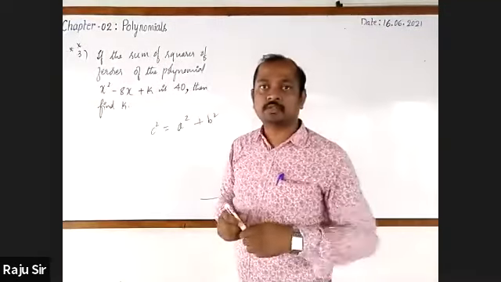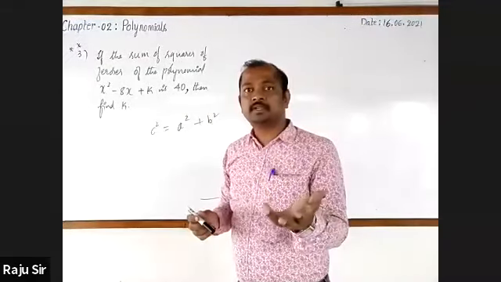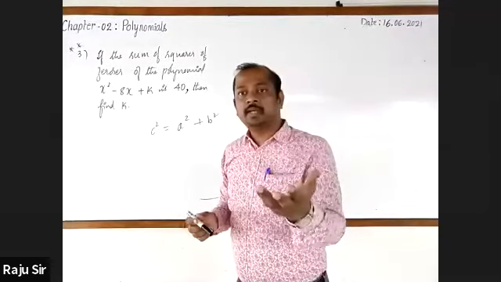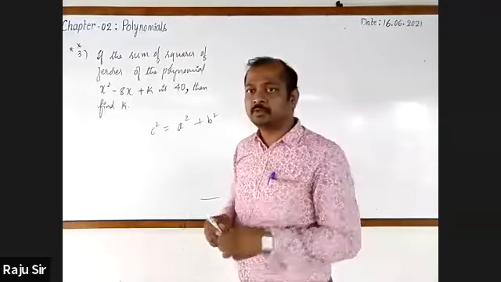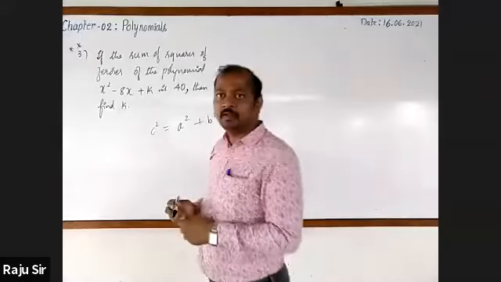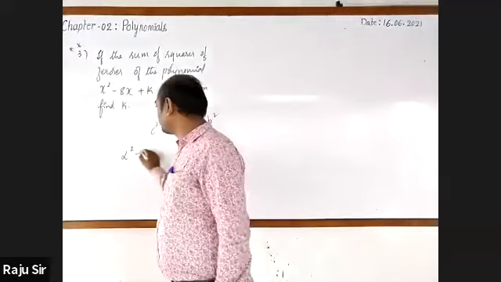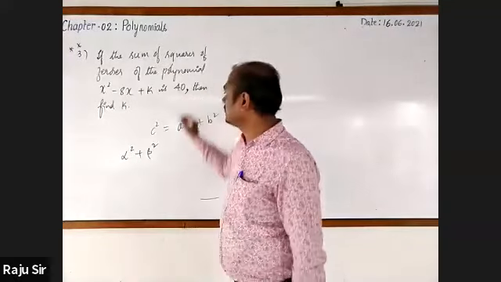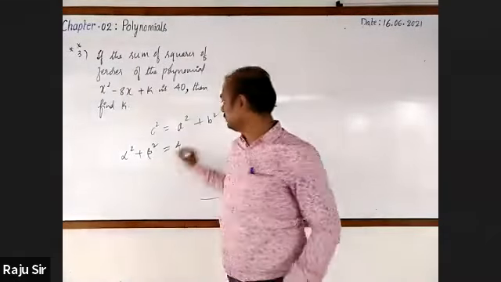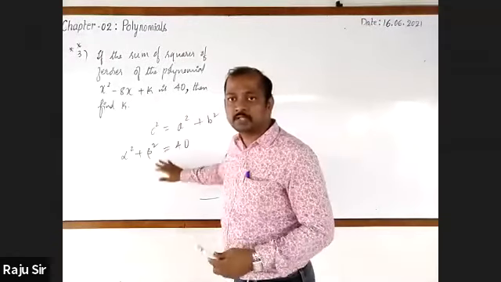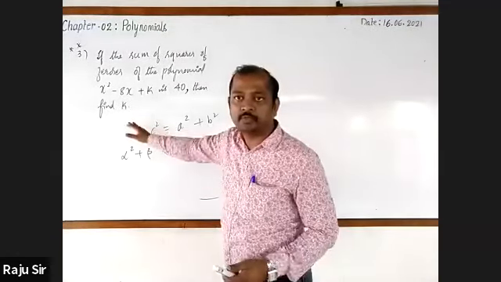What are those zeros? You may take alpha and beta as the zeros, or m and n. You can take any. If I take alpha and beta, then the sum of squares of those is alpha square plus beta square. This is given as 40. For this statement, we have to find out the value of k.